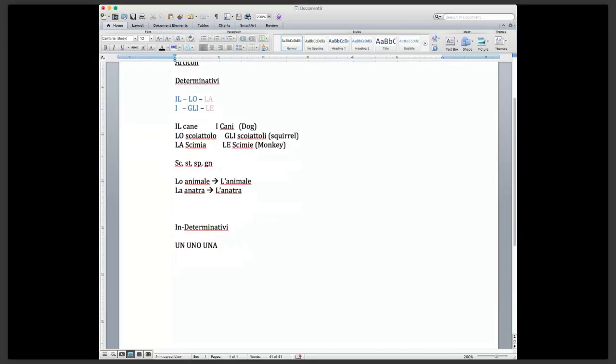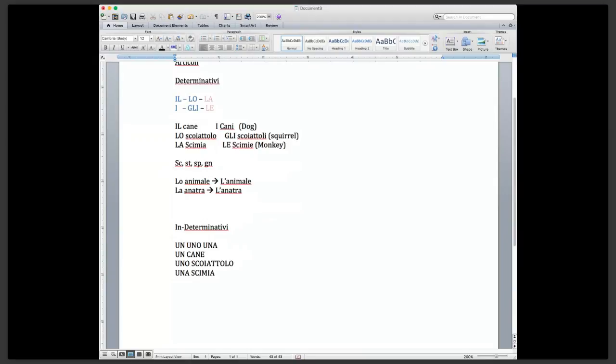And if it's not one, it's going to be two, three, four. The rest of the numbers will not have gender, they're just plural: due, tre, quattro, cinque, right? But when it comes to un, uno, una, you do have to make sure that you match the gender. So it's going to be as simple as un cane, uno scoiattolo, una scimmia.